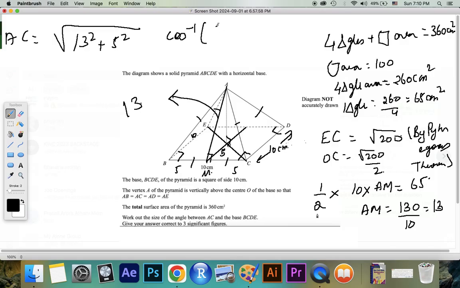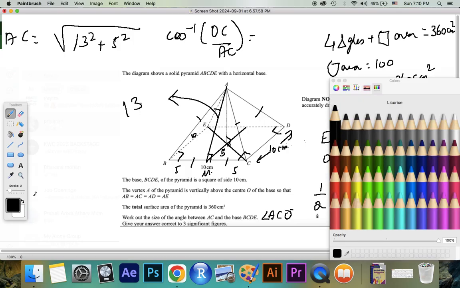That will give me angle ACO, and that is the angle I'm really looking for, because when it said work out the size of the angle between AC and the base BCDE, they are talking about angle ACO, right? Let me draw that with another color so that it's easier to spot. This one.